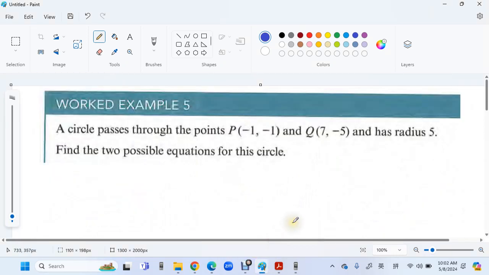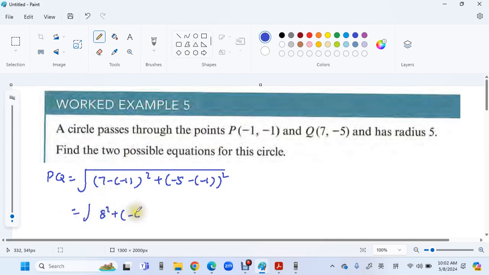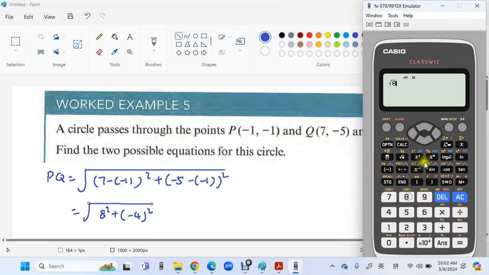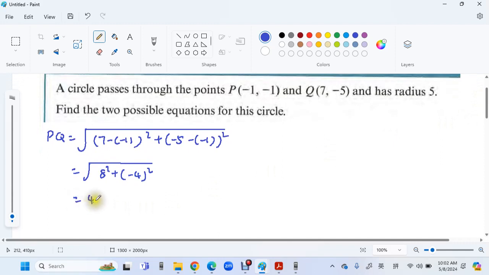If I want to check whether PQ is a diameter or not, I find the length of PQ. So the length of PQ is the square root of (7 minus negative 1) squared plus (negative 5 minus negative 1) squared. So we have the square root of 8 squared plus negative 4 squared, which is the square root of 8 squared plus 4 squared, then it's 4 square root 5.